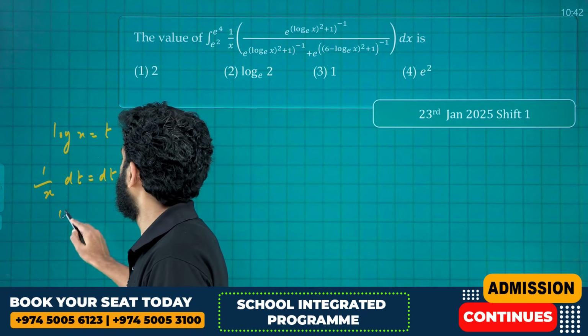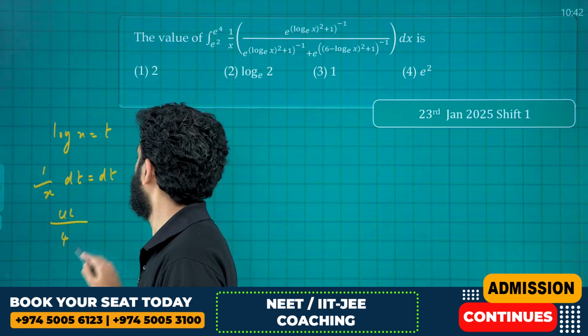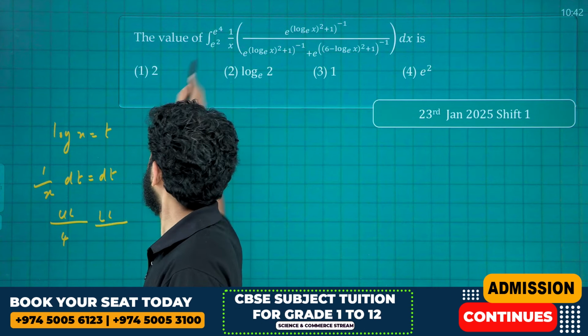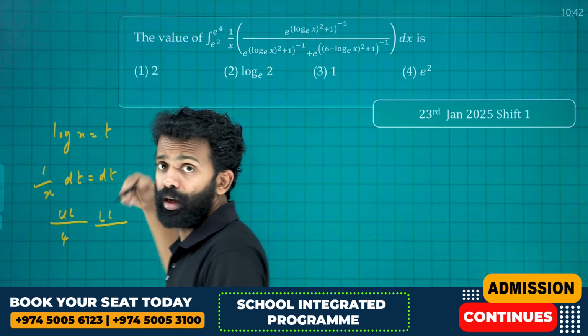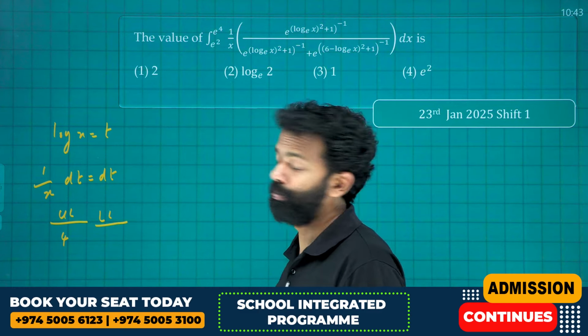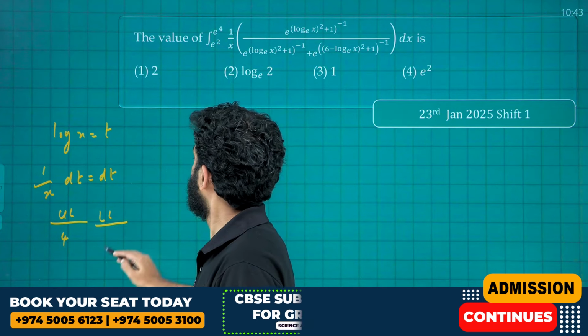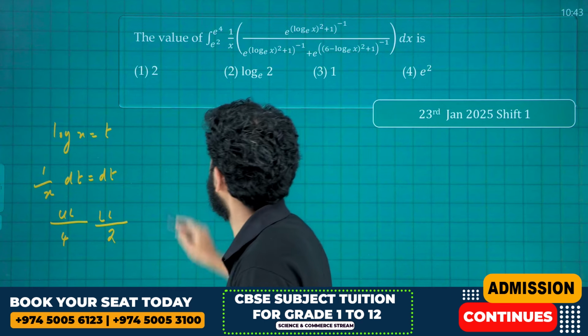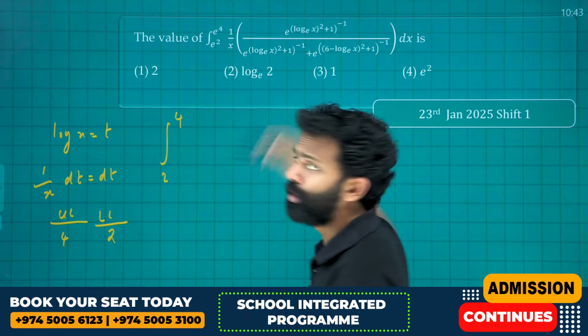The upper limit will be log e raised to 4, that is 4, and the lower limit will be 2. Therefore it will be the integral from 2 to 4.